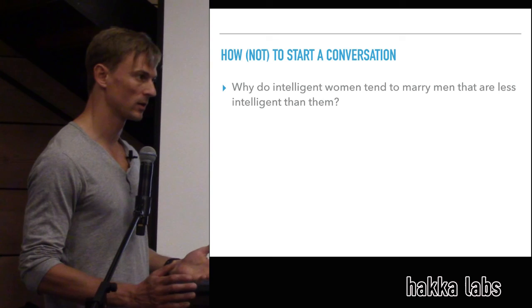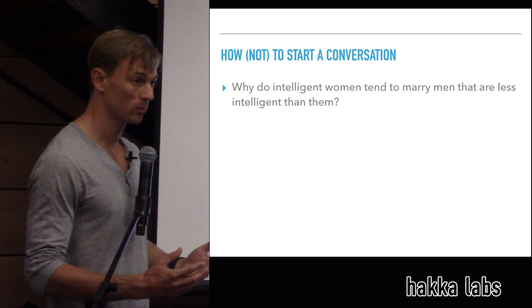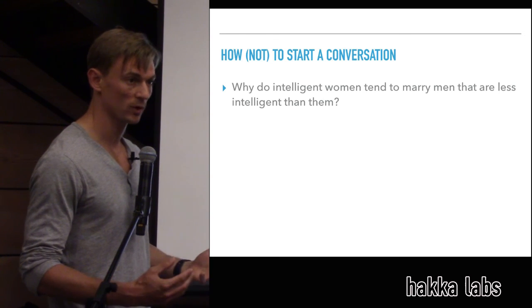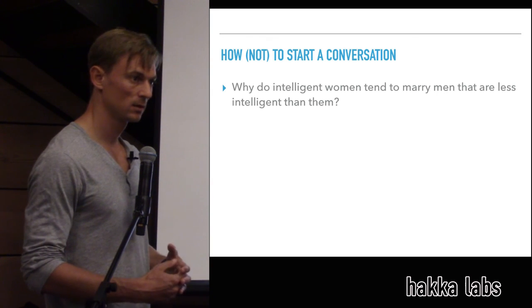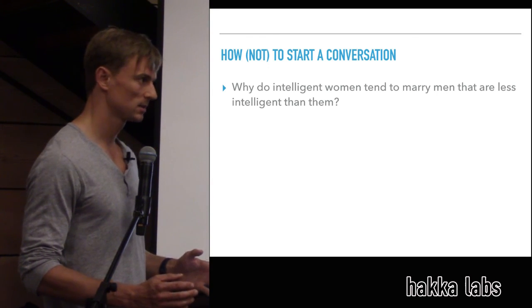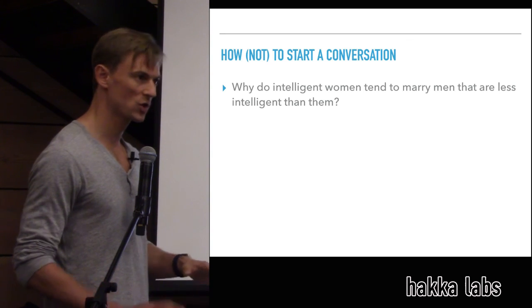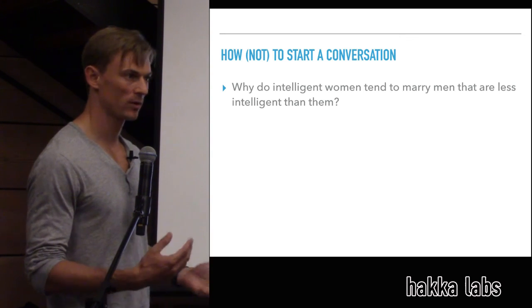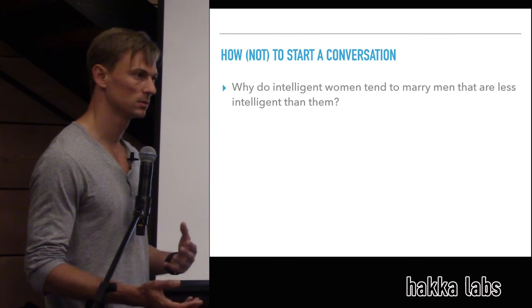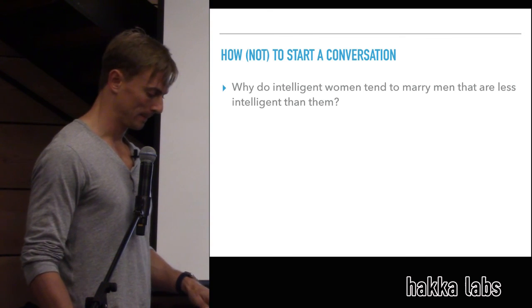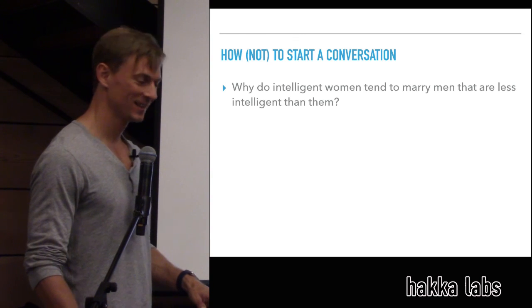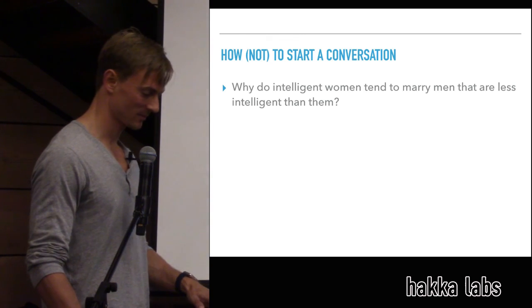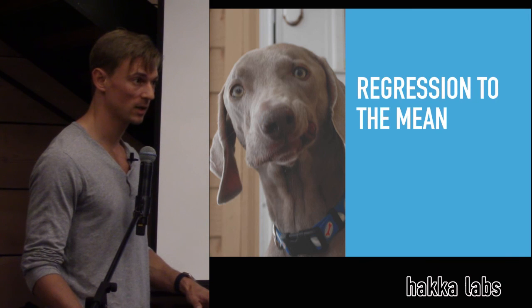Because clearly there are many fewer blondes in the general population than brunettes. Does that make sense? And there's no political debate about whether blondes are equal to brunettes. Or hopefully not. Hopefully we're past that. So again, that's called regression to the mean.